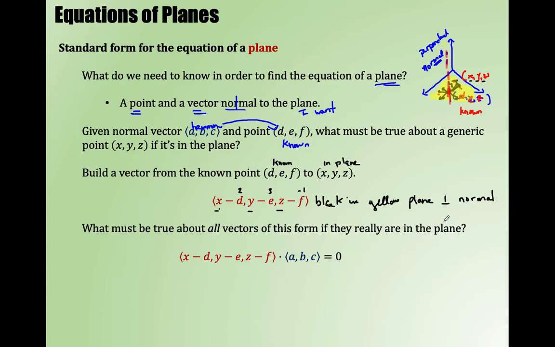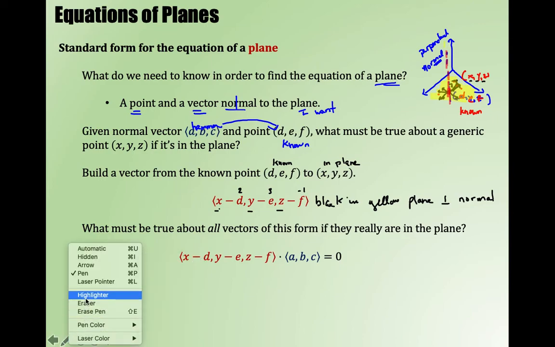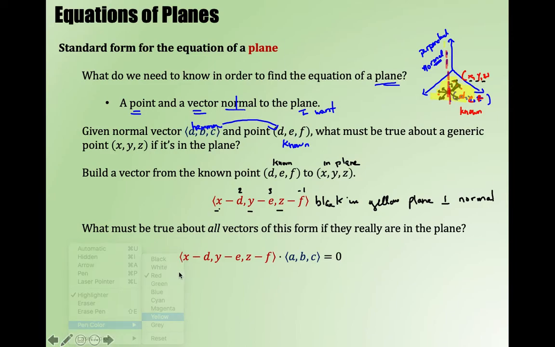So let's do some math here. How do you do the dot product? The dot product is the x component times the x component, added to the y component times the y component, added to the z component times the other z component.